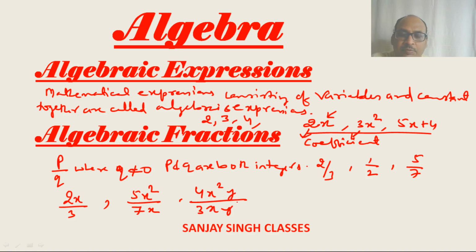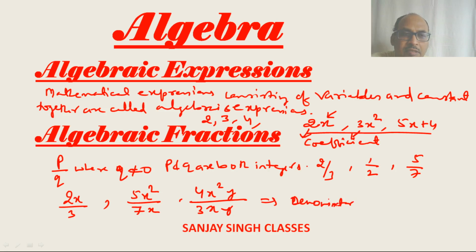These expressions can have more than one variable, it is not limited to a single variable, many variables can be there. Here I will not write that p and q are both integers, because where a variable is there, we do not know its value at that point. But certainly the denominator should not be equal to 0, in each and every case.